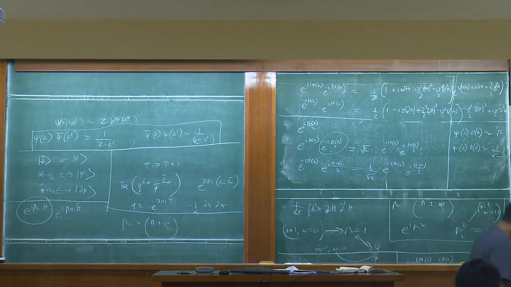So all the operators which carry half integer momentum in e to the power ikx have the periodicity that sets them belonging to the Ramond sector. Is this clear?